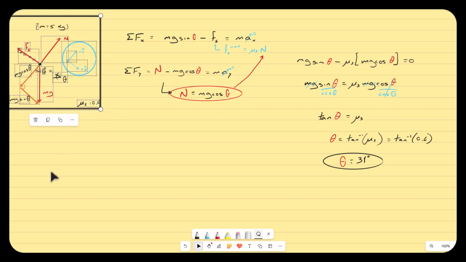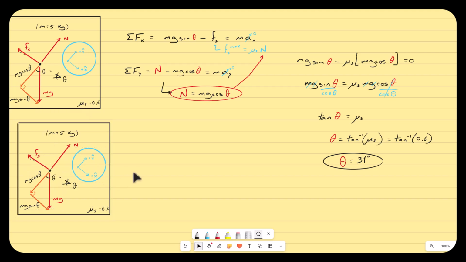Here is how my free body diagram changes. I'm now looking at a kinetic friction, which has a different value. And where I had static friction, I now have kinetic friction. There's nothing that changes in x, except static becomes kinetic. There's nothing that changes in y.